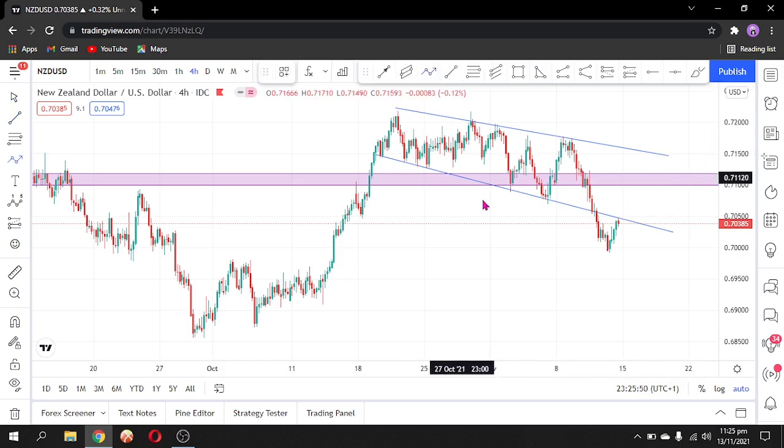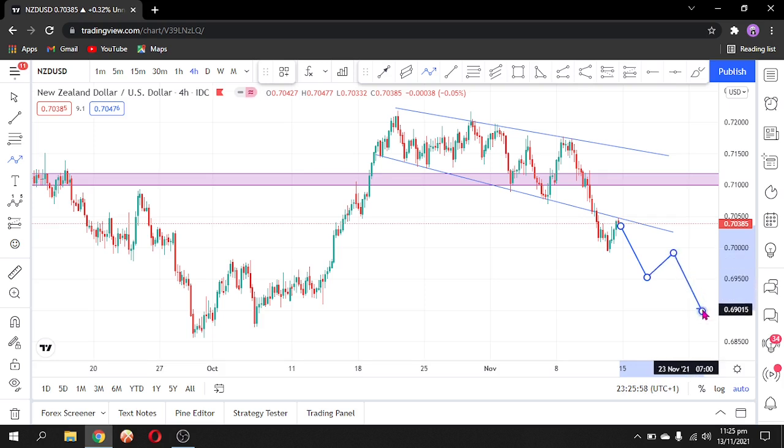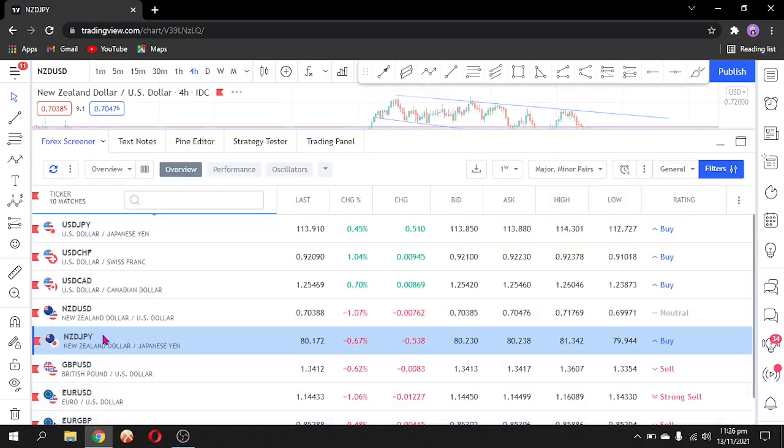So our forecast for this currency pair is price will continue going down or will push back up to this zone. Our next currency pair for today will be the New Zealand JPY.